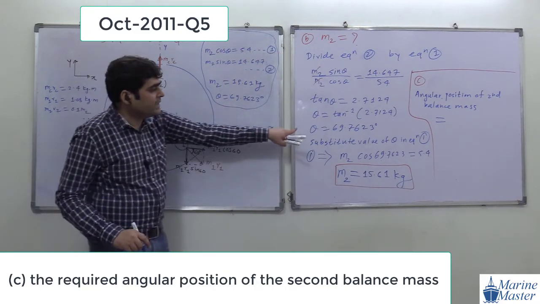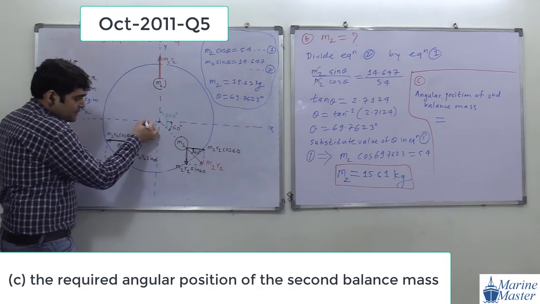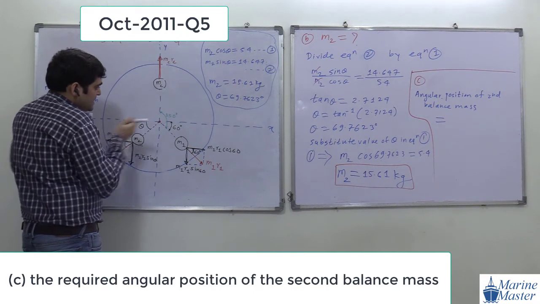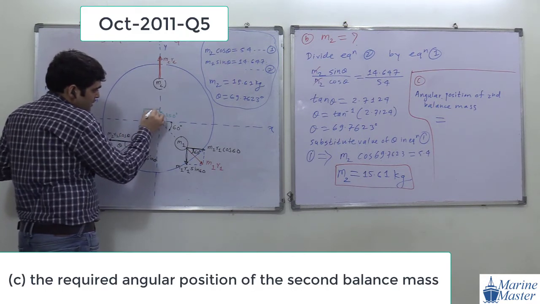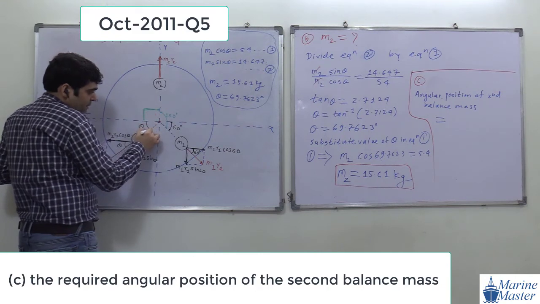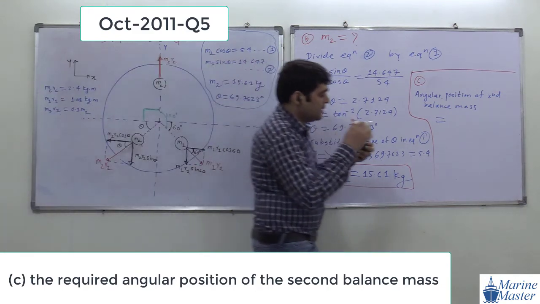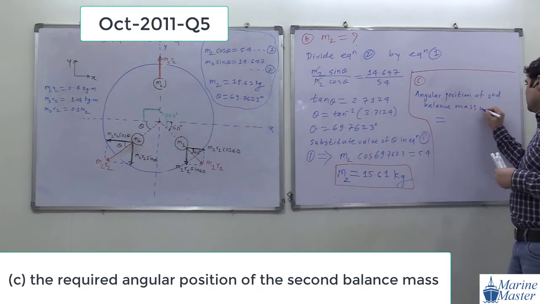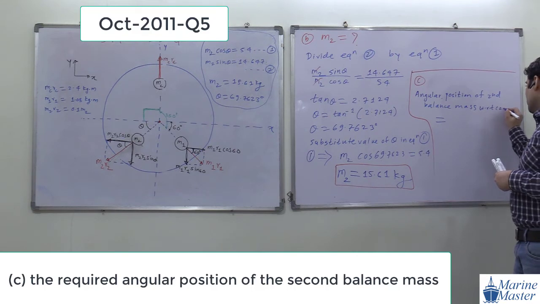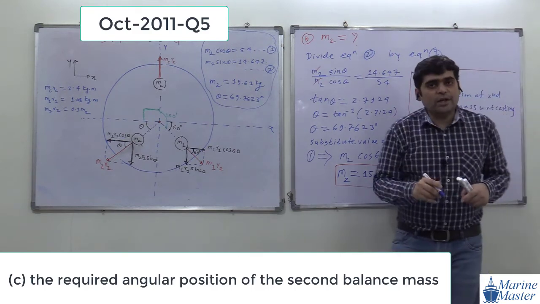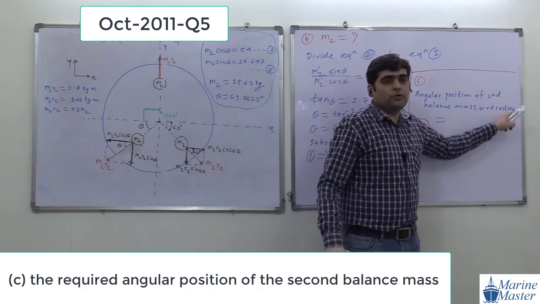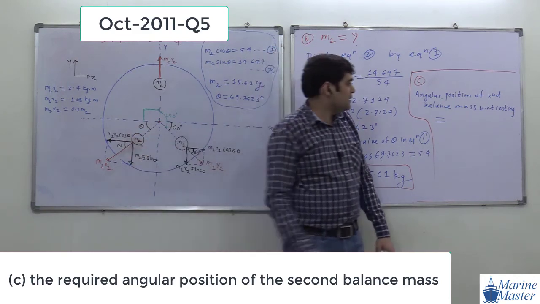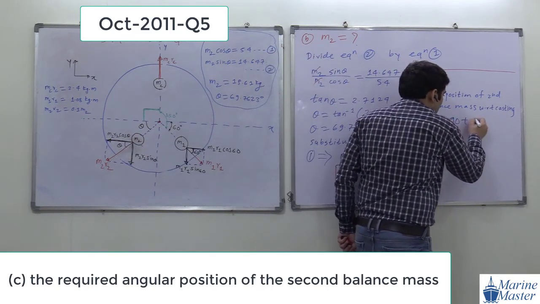We already got theta. See the point. With respect to casting, this angle from here to here is 90 plus theta. So the angular position of the second balance mass with respect to casting is 90 plus theta.